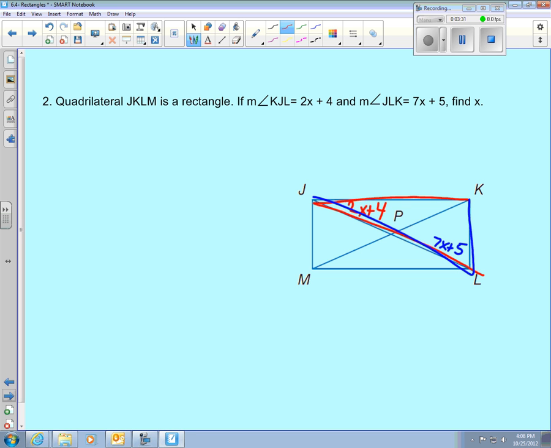We know some different things about angles with triangles, and that all 3 angles are going to equal 180 degrees when I add all 3 up. And I know if this is a rectangle, which it tells me that that's a 90-degree angle. So I can go ahead and add all 3 angles together and solve for x. That's an easy enough one for you guys to come back with for tomorrow.